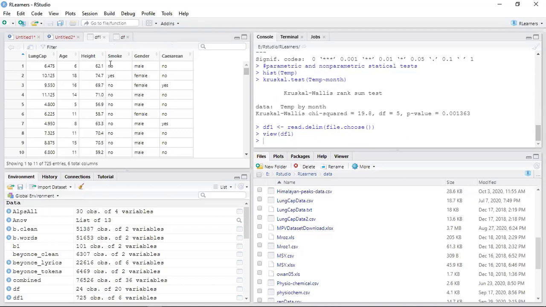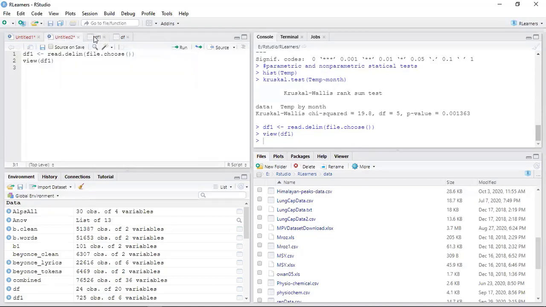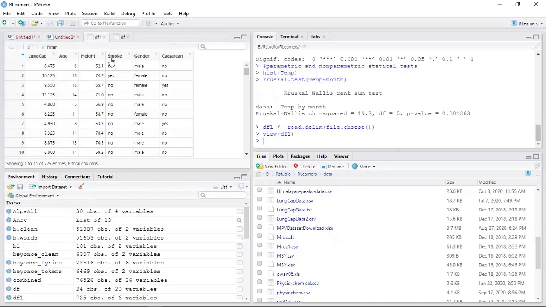Now, I want us to take age here, and I want us to play with this age. I want us to do a t-test for this age, a one sample t-test. Okay, so let's go back here. But first, I want to take the people who smoke. So smoke, we say yes.